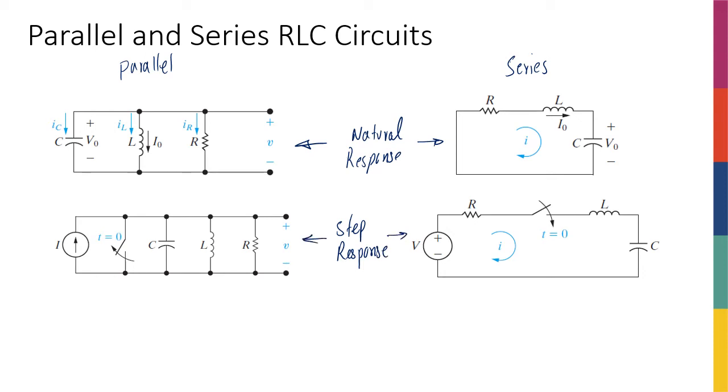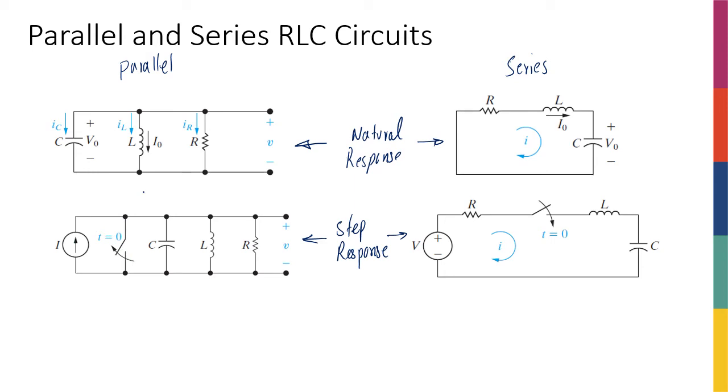The one on the right is much more clear. Why is it the step response? Because you just have a switch turning on. The one on the left is a little more tricky. You've seen more of these examples in the previous videos, but when the switch is closed, all of this current source's current is going to go through this short circuit. None of it is going to come here, so it's going to be zero. So it is not connected to the circuit. The R, L, and C are not going to see any of the current source.